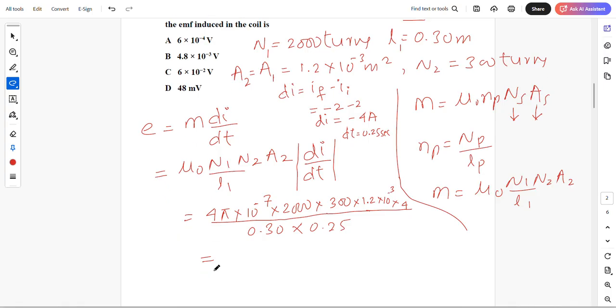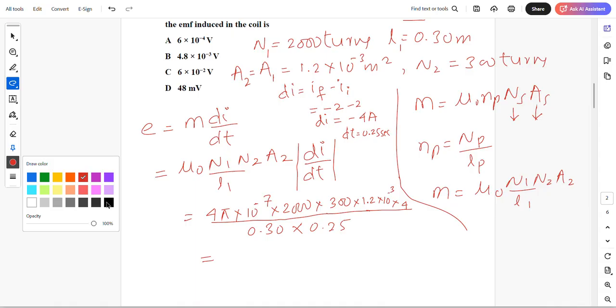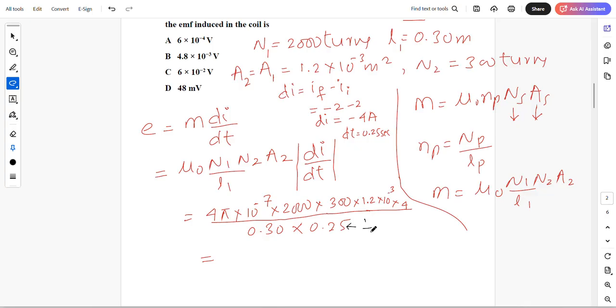Now slowly you simplify this one. I can write 0.25 as 1 by 4. When I do 1 by 4, it goes to the numerator, so it becomes 16. 4 into 4 into 4 is 64.